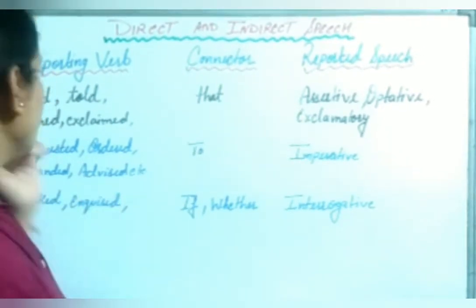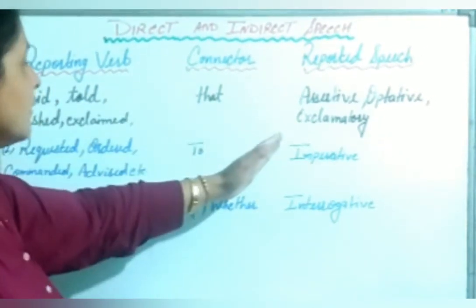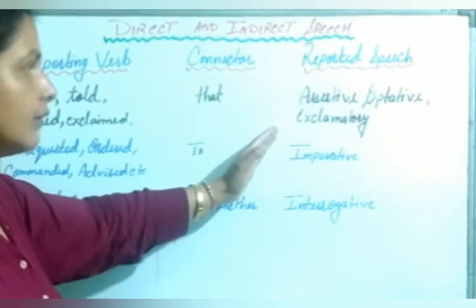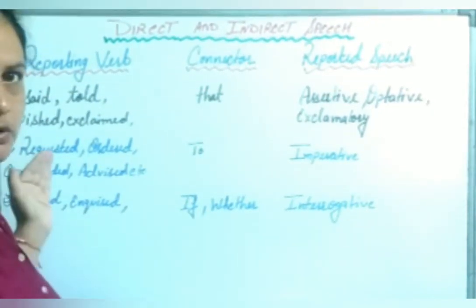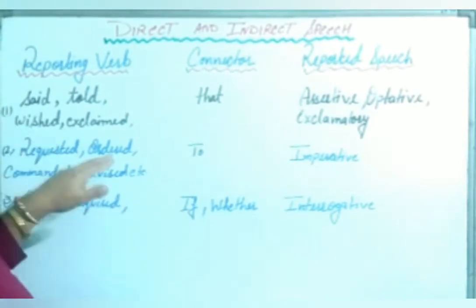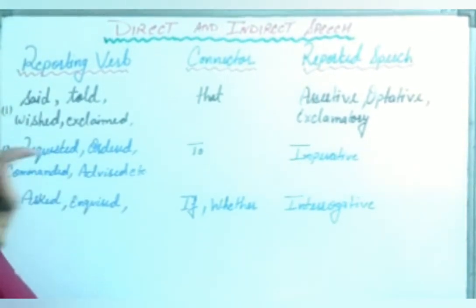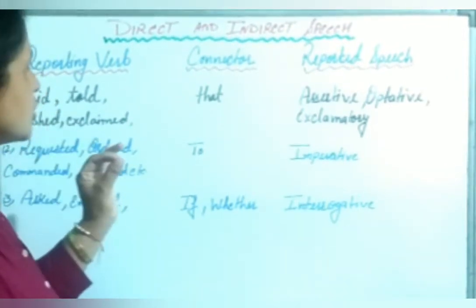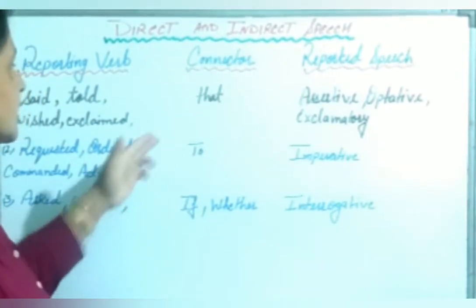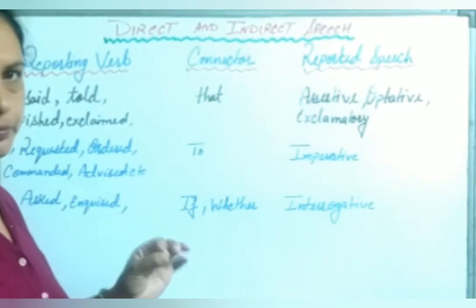Okay. Next, for an imperative sentence we use these reporting verbs: requested, ordered, commanded, advised, etc. And the connector for an imperative sentence is to.